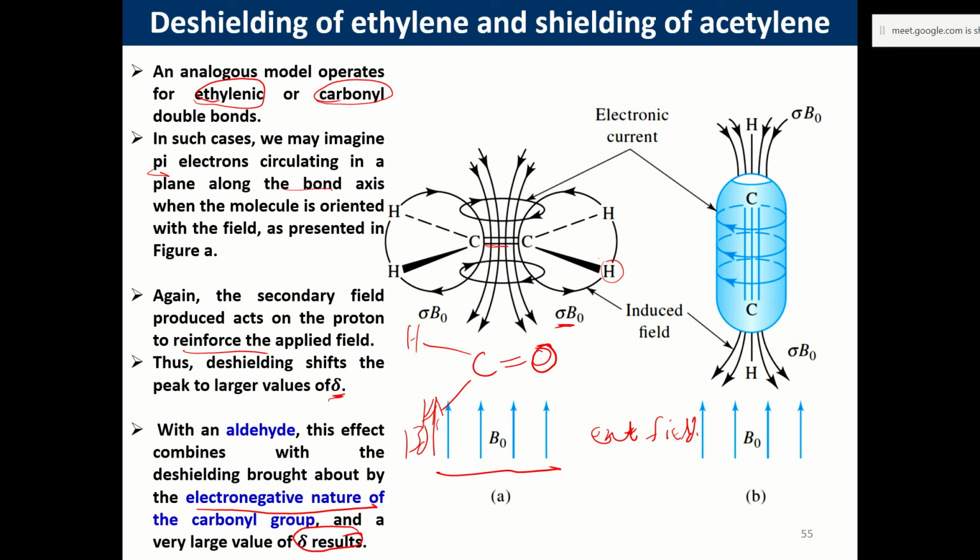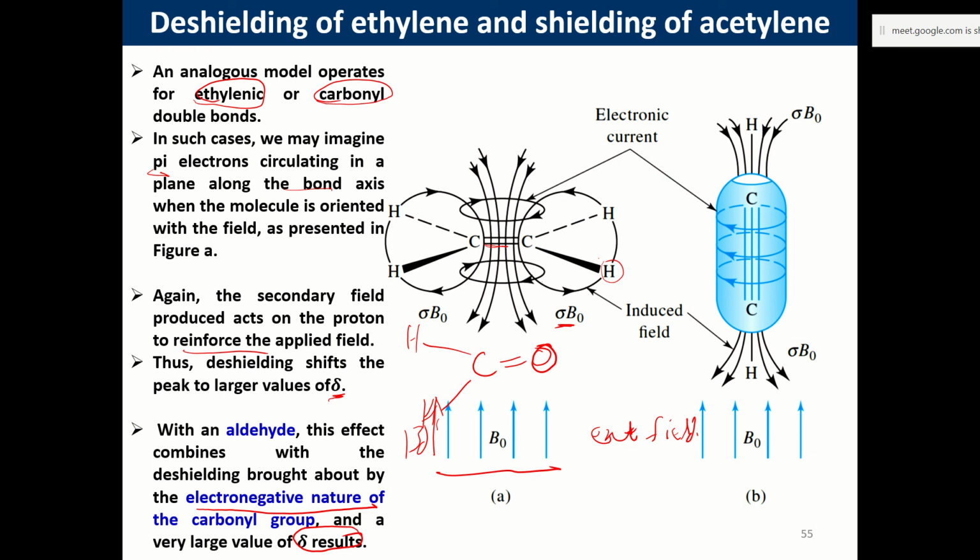This will further withdraw electrons from the vicinity of this carbon and the hydrogen because of the inductive effect, so that will also add to the de-shielding. That's why carbonyl protons appear at a larger chemical shift as compared to a proton attached to a C double bond C.